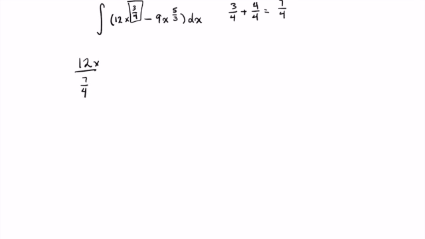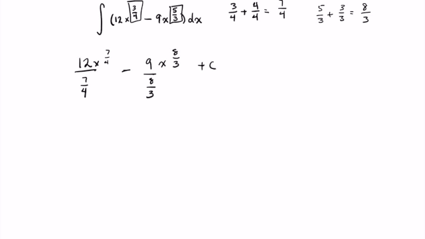X increases to the 7/4 power minus 9x. Well, my power is increasing by 1, so 5/3 plus 3 over 3 gives me 8/3. So divide your coefficient by what the new power is, x to the 8/3. And we have that plus c.